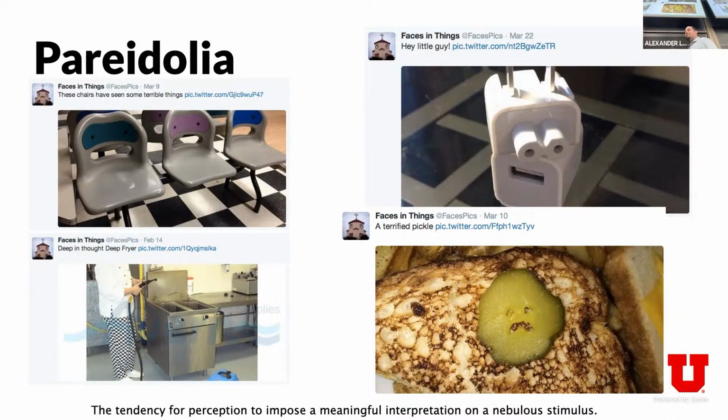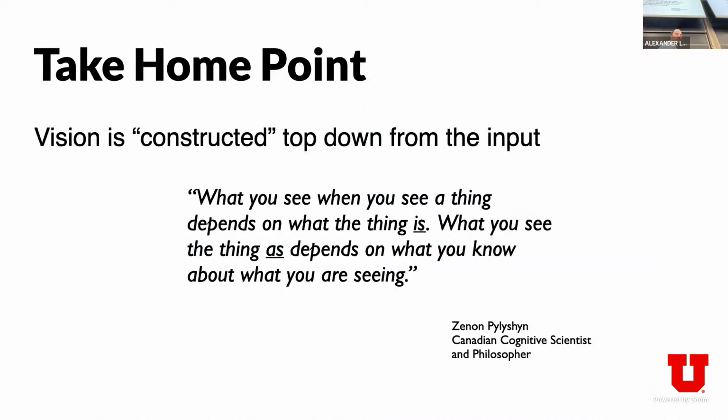And this is important for visualization because this also applies to patterns, right? We might see patterns when there are actually none of them. We have to be aware of that. So the take-home point of this is that vision is constructed top down from the input. What you see when you see a thing depends on what the thing is, but what you see the thing as depends on what you know about what you're seeing.